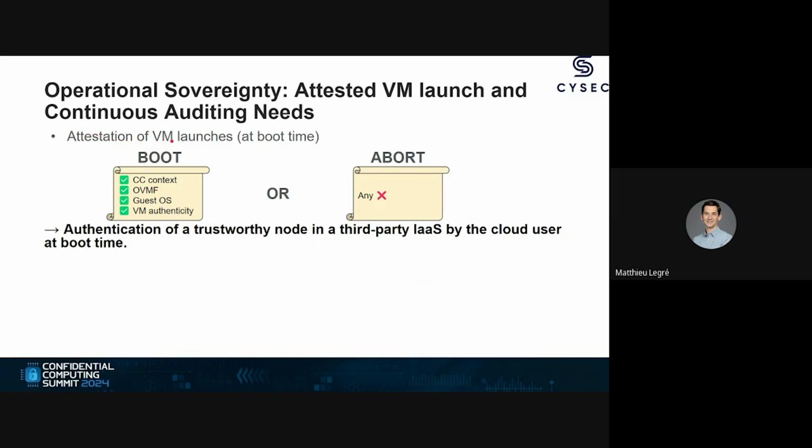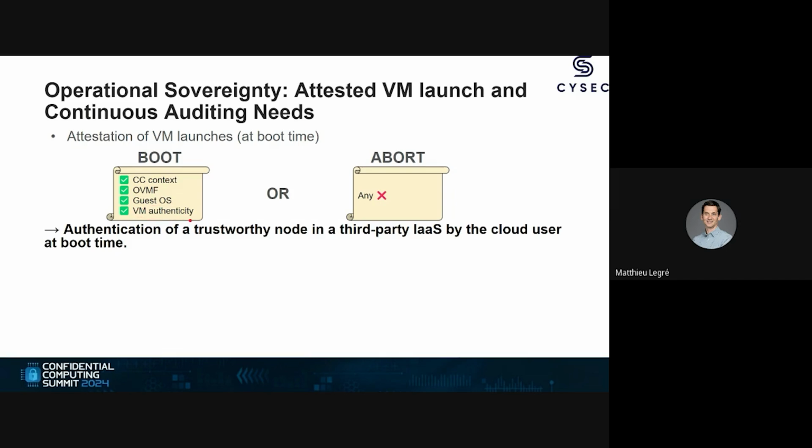This is something that is performed at boot time. To make it short, when an end user starts or launches a VM, this end user can have only two possible outcomes. Either the VM boots, and in this case the customer knows that the CC context is valid, the OVMF firmware is valid, the guest OS, so in our case the trusted OS, is authentic and has integrity, and the VM is authentic.